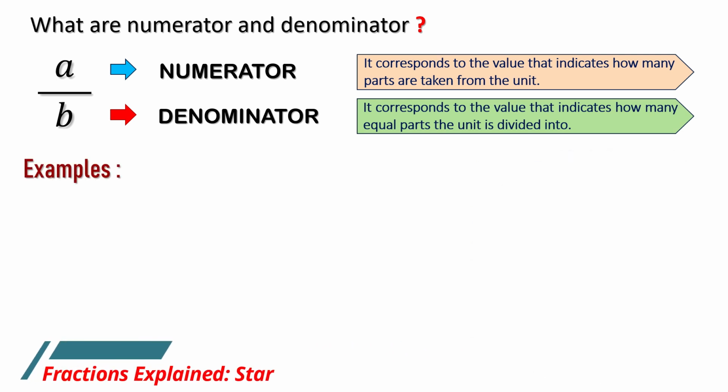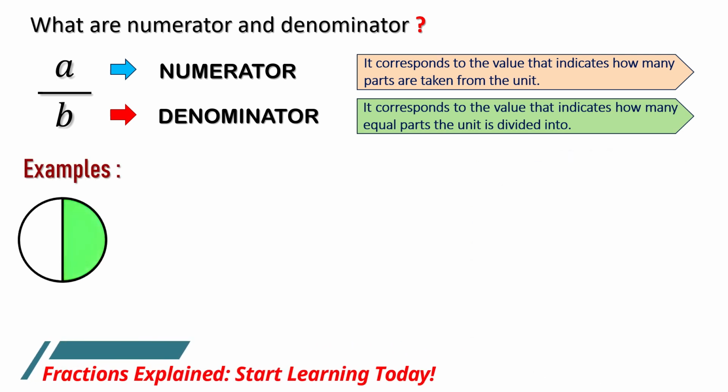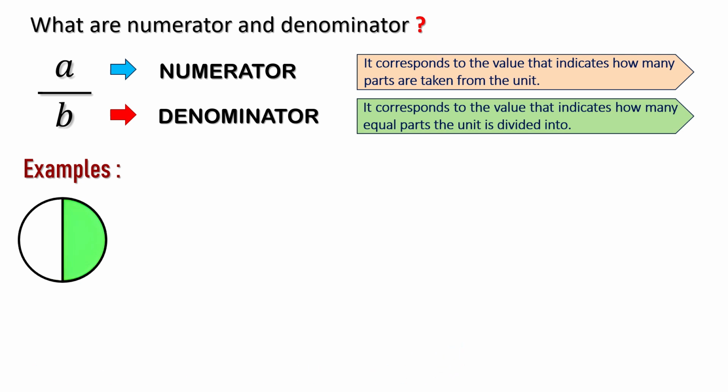Let's look at some examples. The first figure corresponds to the fraction 1 divided by 2, where the number 2 represents the number of parts into which the unit has been divided, and the number 1 represents the number of parts that were taken.